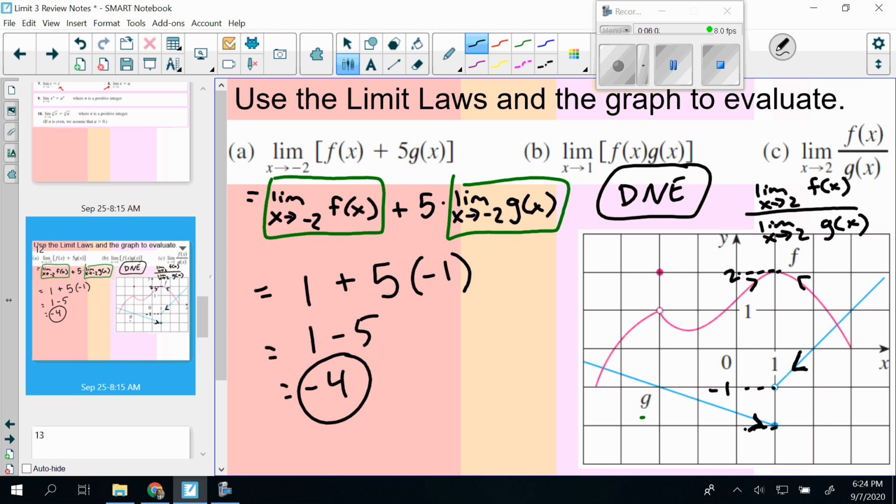So what's our value as we approach 2 for g of x? It looks like from our graph that the value of g of x from both sides as we approach 2 is 0. But that's going to lead us to a problem because we can't divide by 0. So this limit also does not exist. We don't even need to know what the top one is.